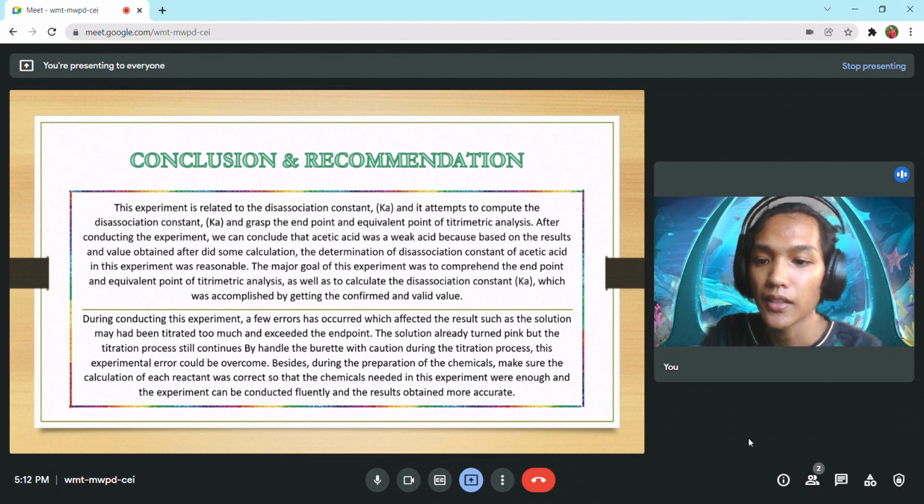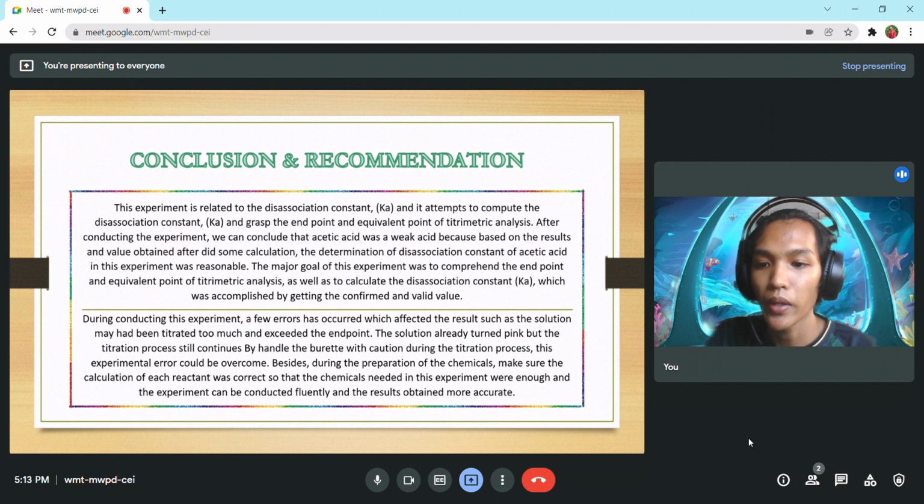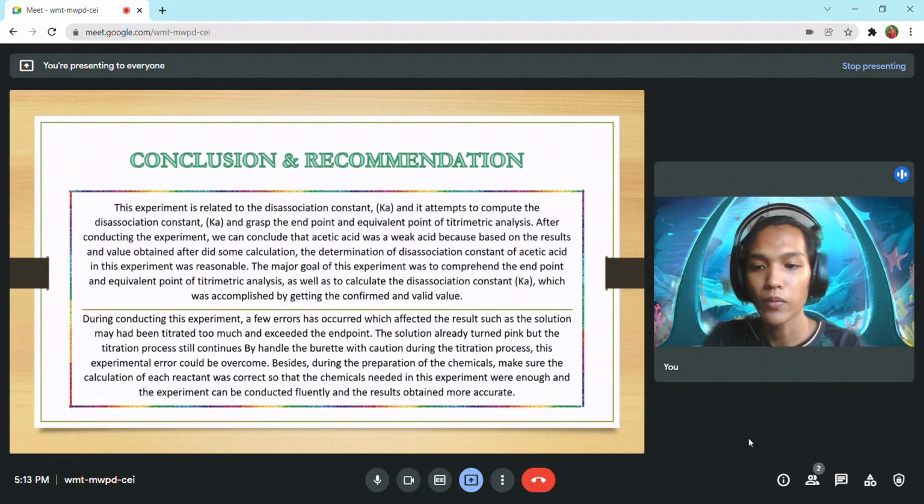During this experiment, a few errors occurred which affected the result, such as the solution may have been titrated too much and exceeded the endpoint. The solution already turned pink, but the titration process still continued. By handling the burette with caution during the titration process, this experimental error could be overcome.